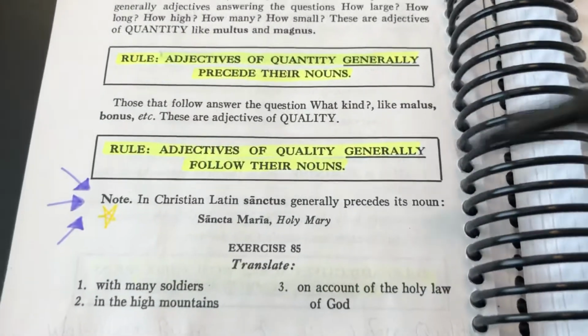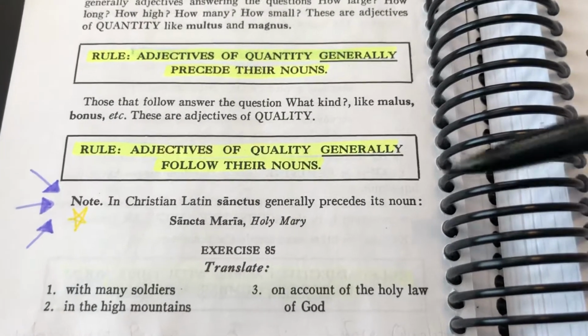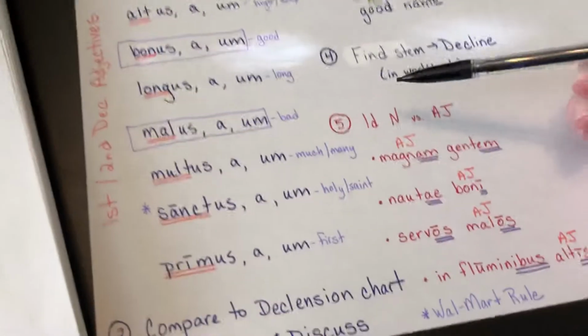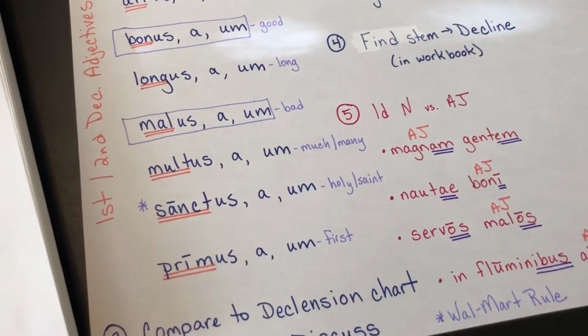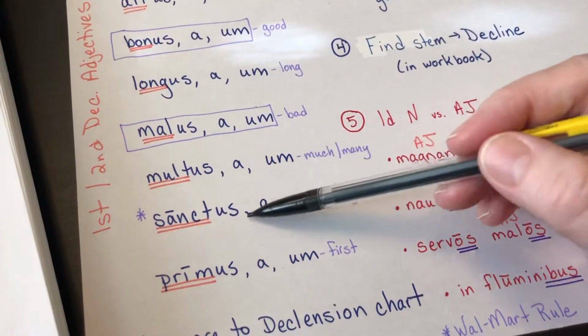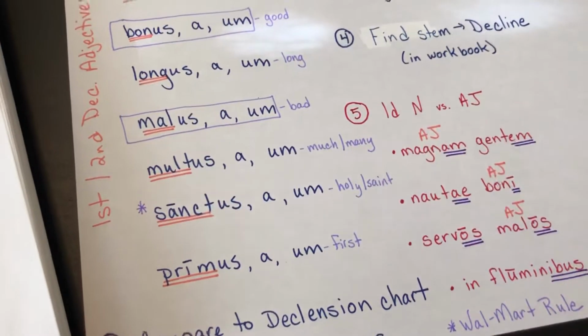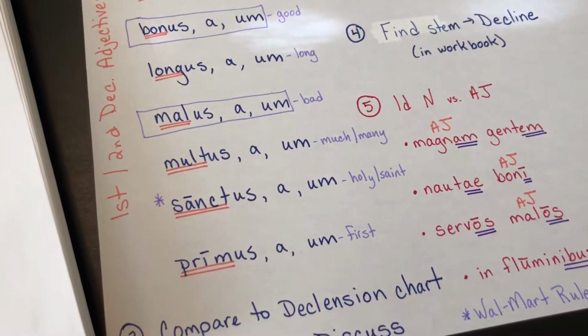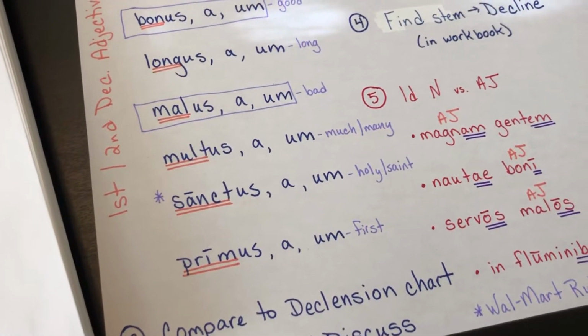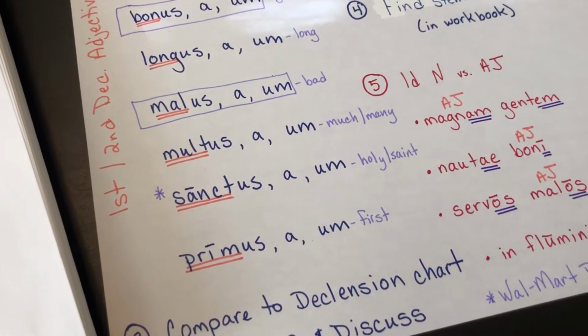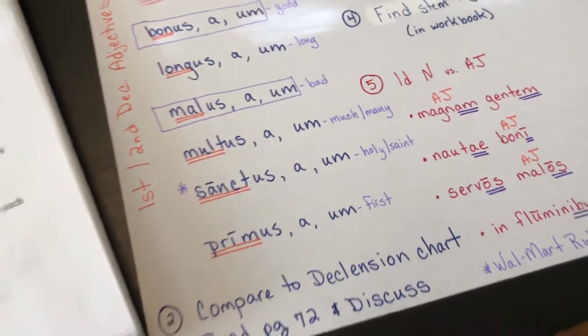But if you take a look over here, we do have an exception to the rule. It says in Christian Latin, this word usually precedes the noun. So I didn't circle it. I think I did in class, but then we figured out later that there was an exception to the rule. So I have a star next to it here. Anyway, so this helps us with word order for adjectives. There is a pattern to word order.